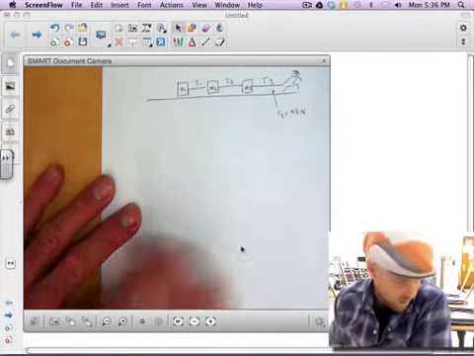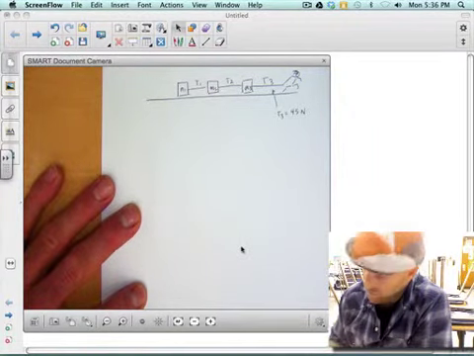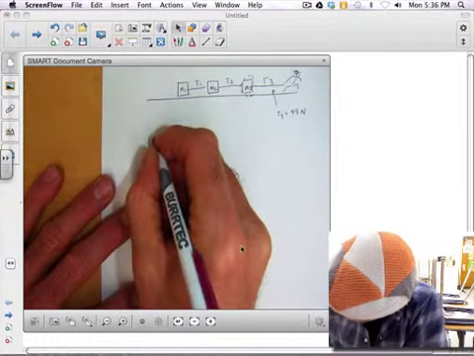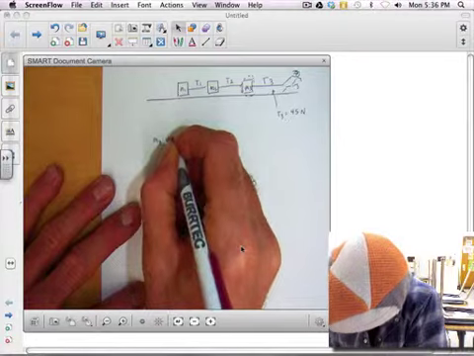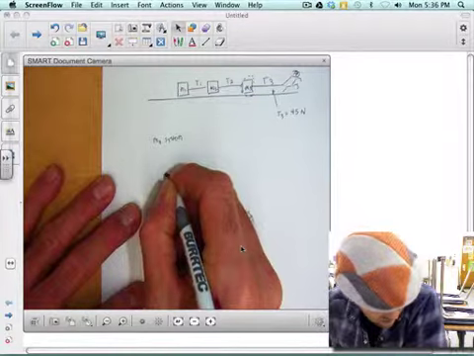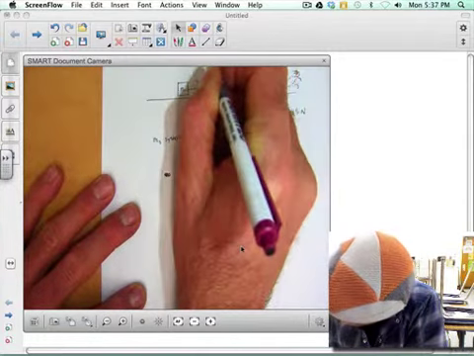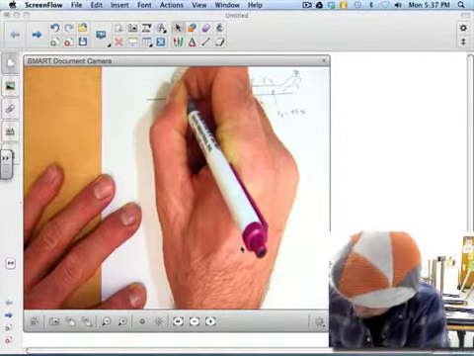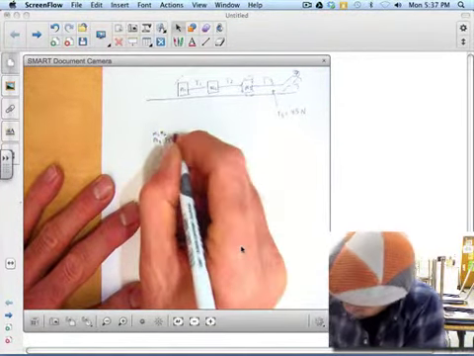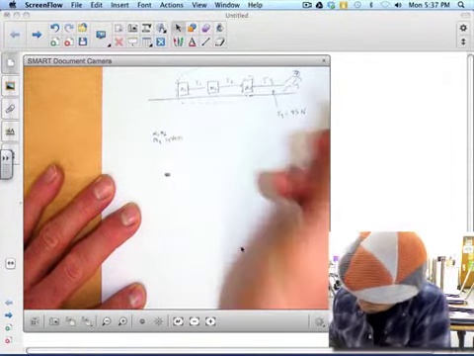If we do a force diagram for M3, actually, I don't like that. I'm going to make this entire thing my system. So M1, M2, M3 system. So that's everything all together. That's going to work way better. Okay?